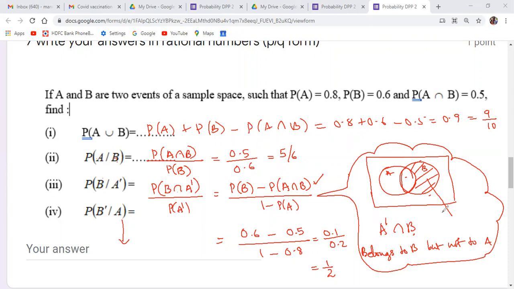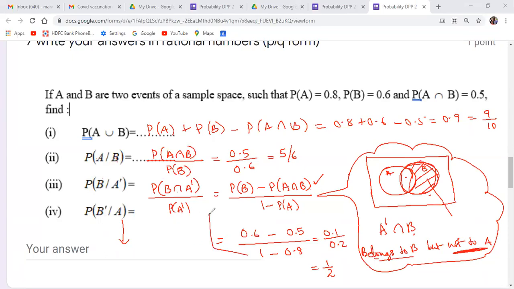B intersection A complement means it belongs to B, it should be inside B, but should not be in A. That means only this much region, and that region is nothing but B minus A intersection B, the whole B minus the intersection part.